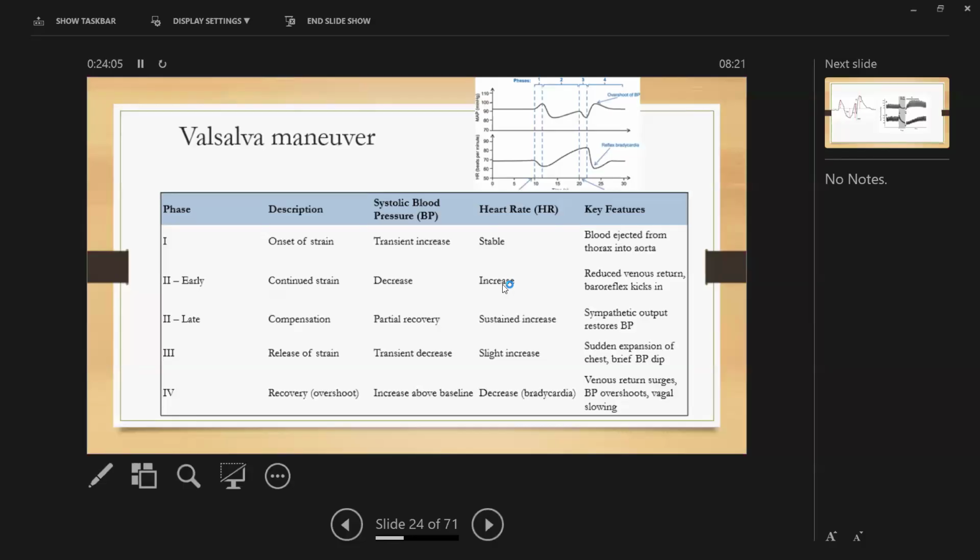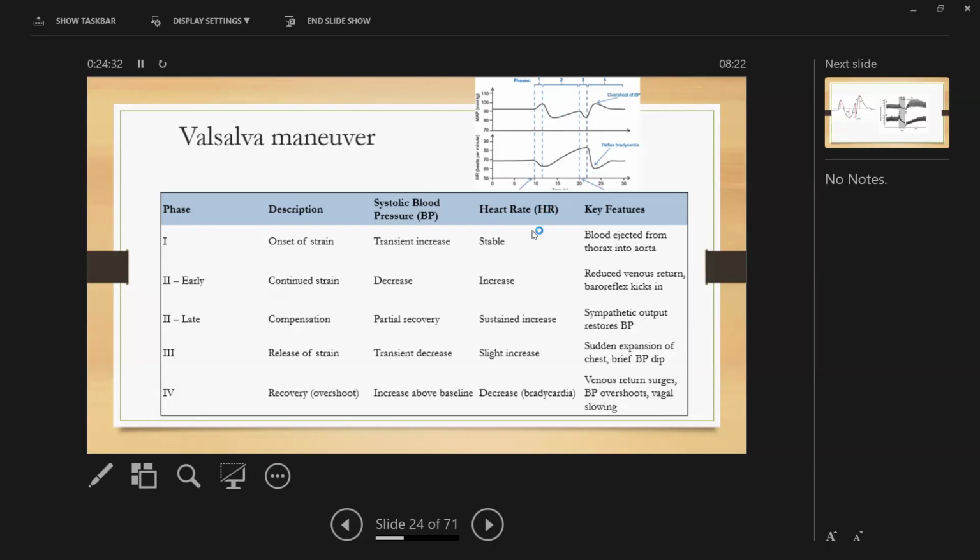In the late phase, with the prolonged strain, partial recovery will start to occur. The decreased blood pressure will start to rise. The BP comes toward normal, but the heart rate will have a sustained increase. Due to the sustained increase in heart rate, the BP tends to normalize.